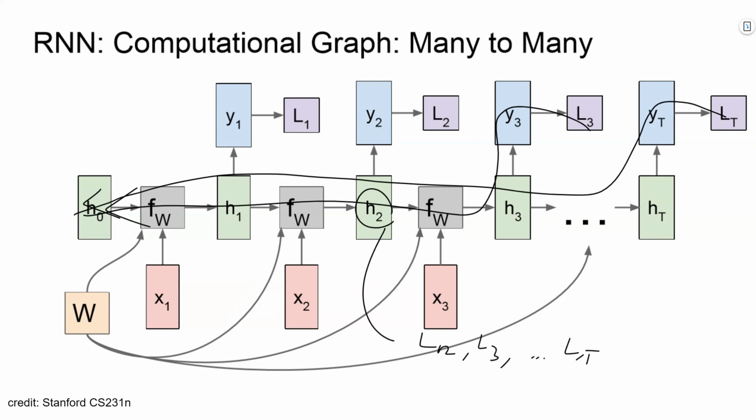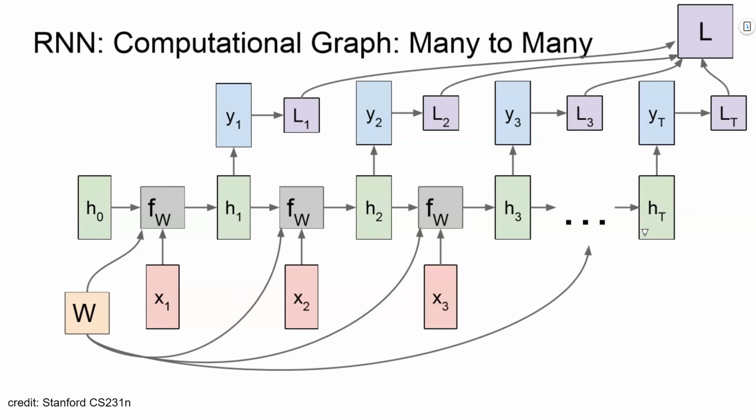And the component at time step t receives gradients from loss T. So you need to accumulate gradients to calculate the gradient for the weight W. We're going to have a close look at how we can implement this in the implementation session. And we calculate the global loss by summing up all the sub losses.